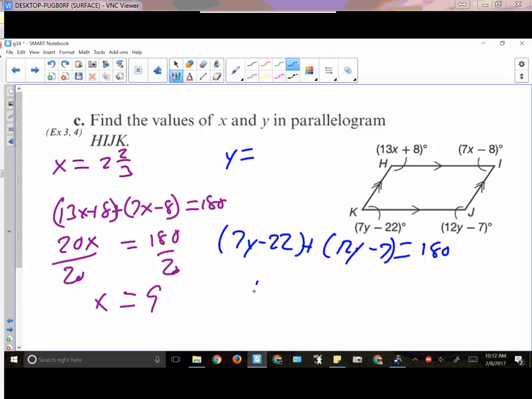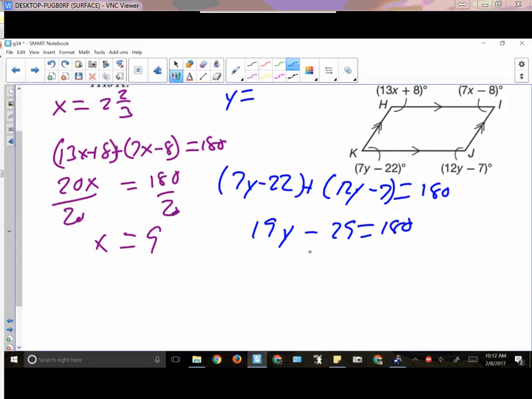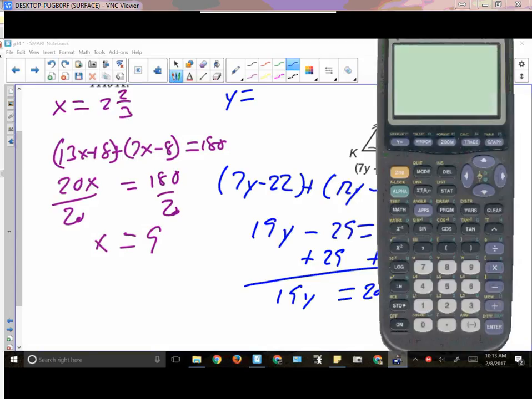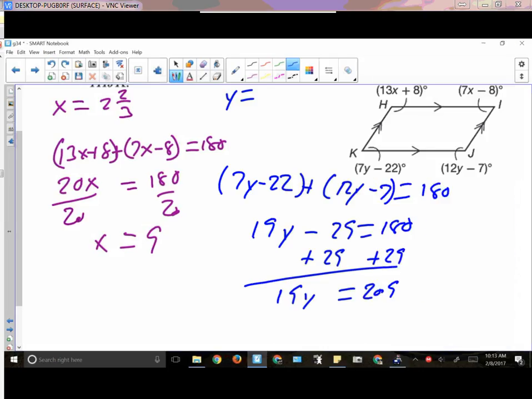God, I can't even do math right. 19y minus 29 is equal to 180. Is that what we end up with? Add 29, I get 19y is equal to 209. Calculator time. And we get 209 divided by 19, and we end up with 11. There we go. Y is equal to 11.